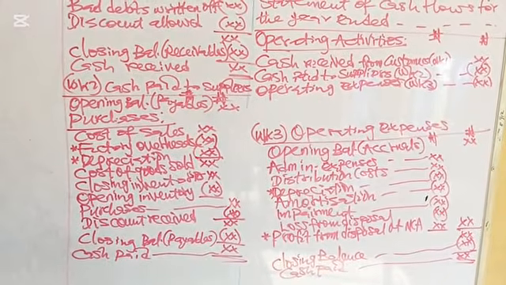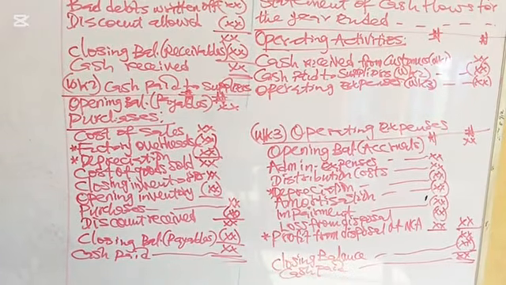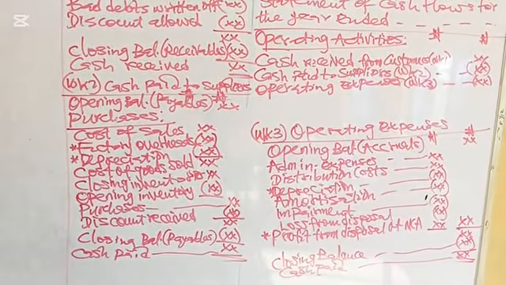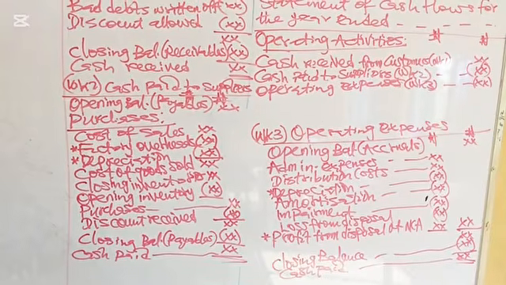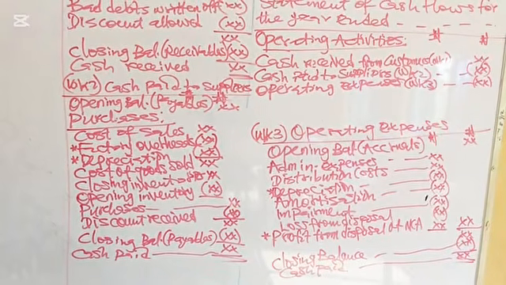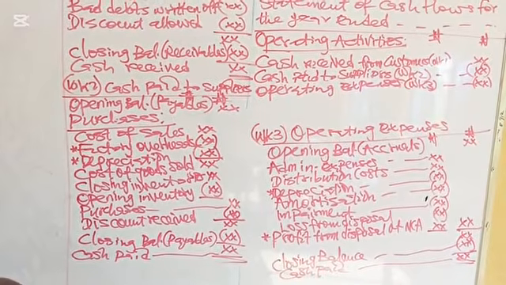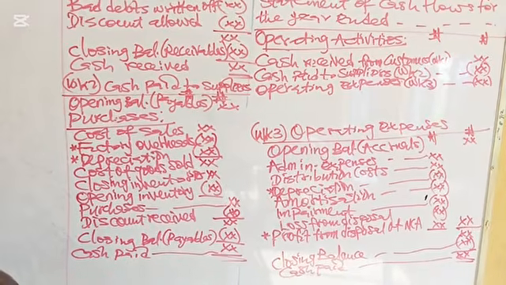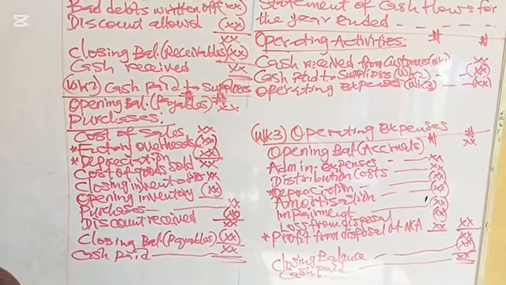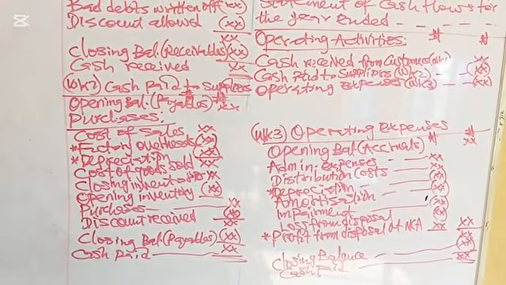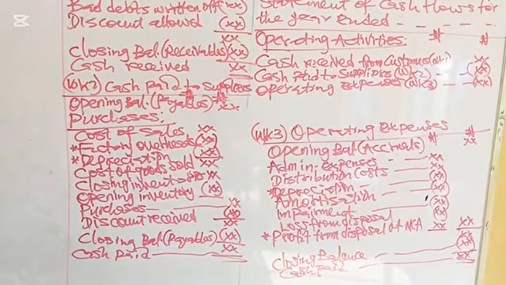Under cash paid to suppliers, can we also have non-cash items in cost of sales, just like we have in operating expenses where you have depreciation and amortization? Yes, you could have them there if the policy of the company is to include them in cost of sales.